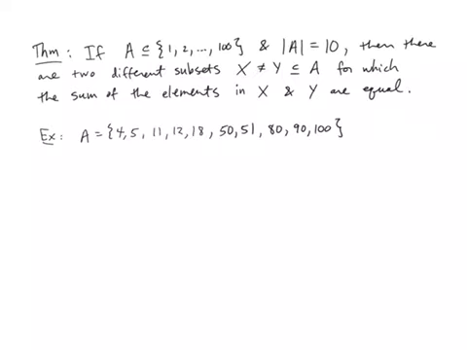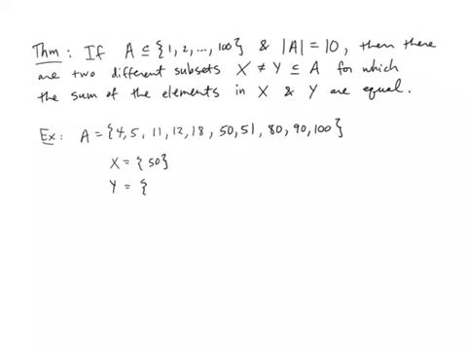To see how weird this is, consider the set A here, which has 10 elements, as you can verify. It's not so obvious that there should be 2 subsets here that add up to the same thing. One easy thing you could try is to take one of your subsets to just have the number 50 in it.